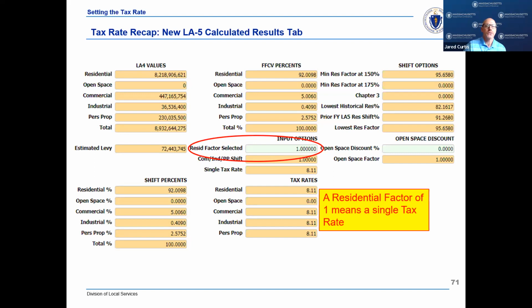A residential factor of 1 means that your community will have a single tax rate across each class. A residential factor less than 1 means that your community will have a split tax rate. And as Andrew pointed out on page 1 of the tax rate recap, this particular town has a residential factor of 1, which equated to an 8.11 tax rate.